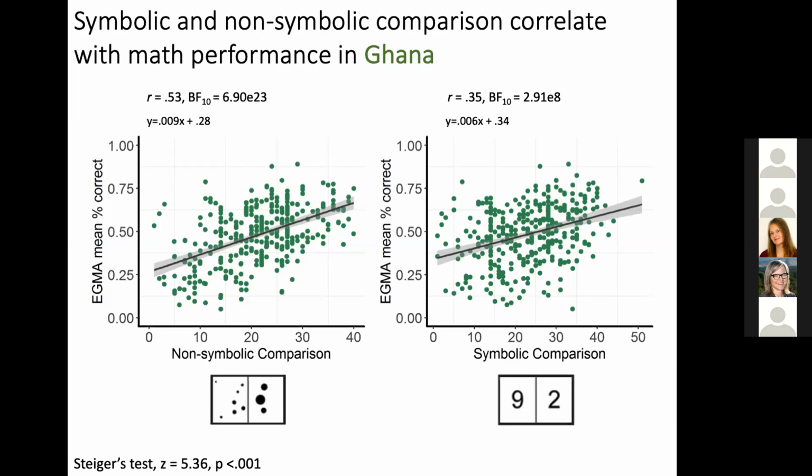So the total number of items correct is along the x-axis, and mean percent correct on the early grade math assessment is on the y-axis. And in fact, what's different with this pattern of data relative to the Canadian studies is that the relationship between the non-symbolic comparison task and math performance is significantly stronger than the correlation between the symbolic comparison task and math performance.